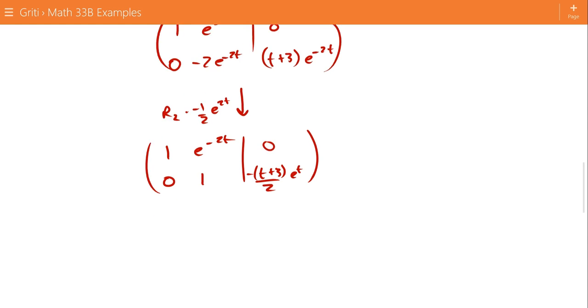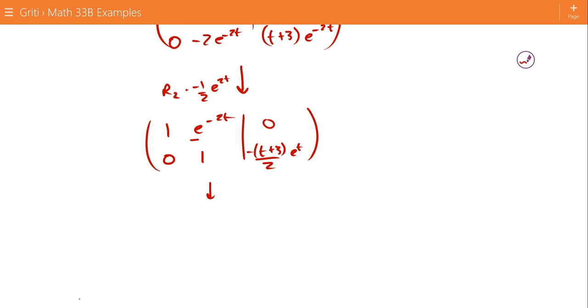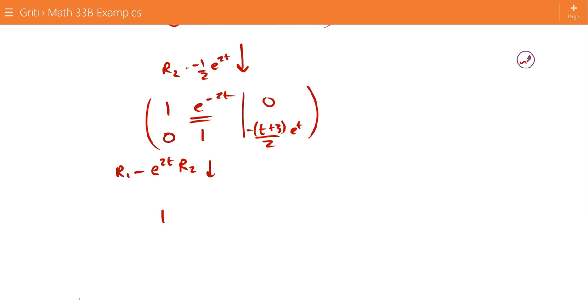And now, to get rid of this e to the negative 2t, we're going to take R1 and subtract e to the 2t R2. That's going to give us, bottom row will be unchanged.